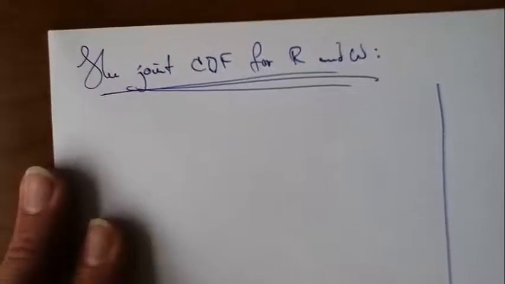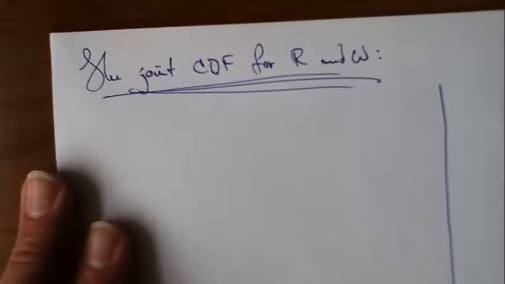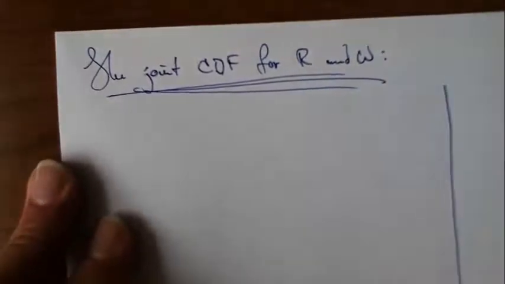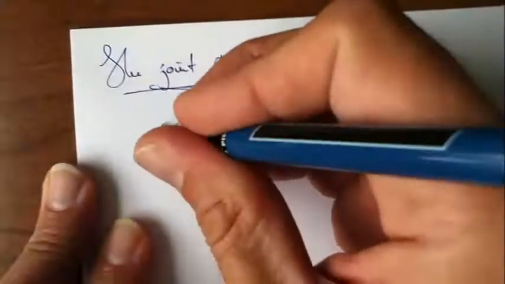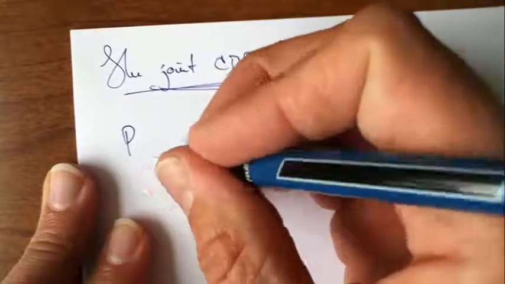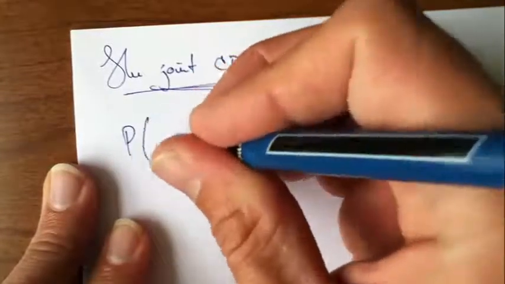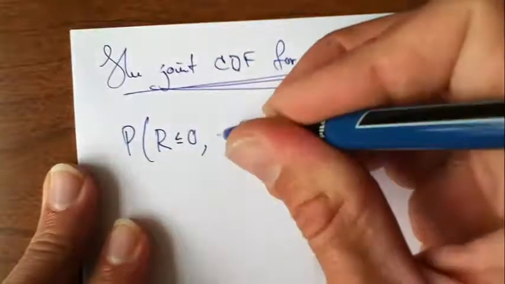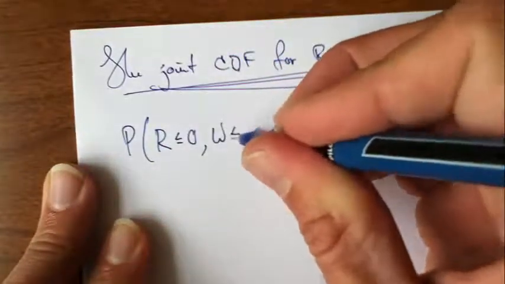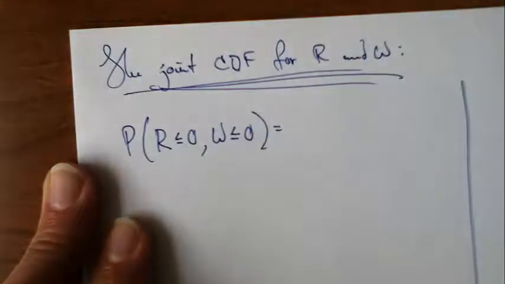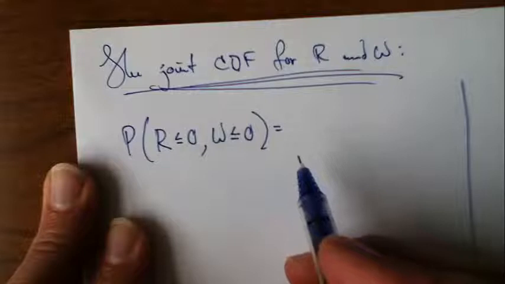Joint cumulative distribution function for the number of red balls and the number of white balls. Well, I could say that this is the probability that R is less or equal to 0 and W is less or equal to 0, which is actually just the chance that they're both 0, right? So this turns out to be 0.0476.